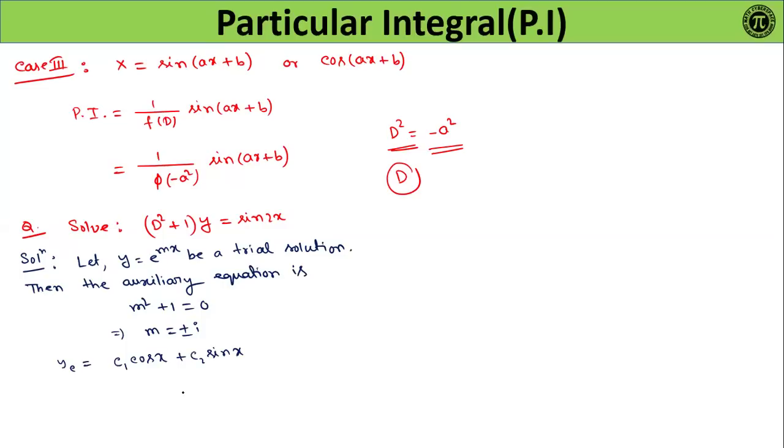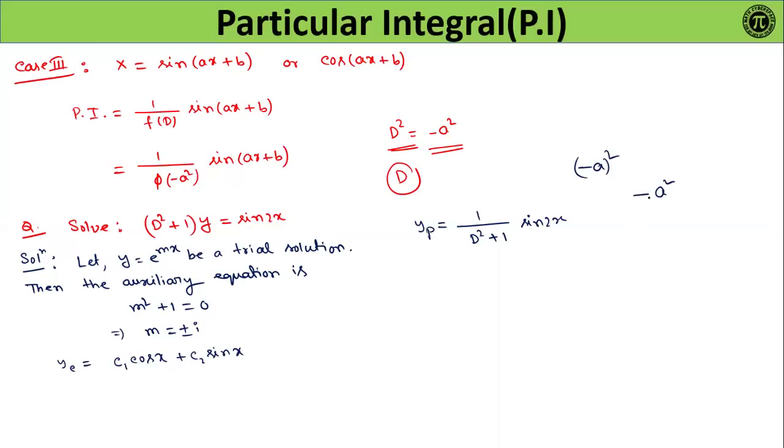Now you have to find out particular integral. So yp is equals to 1 by d2 plus 1 sine 2x. Okay, the process is just you have to write minus a square in place of capital D2. Okay, this is not minus a whole square, this is only minus a square.